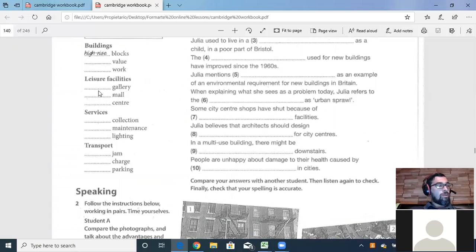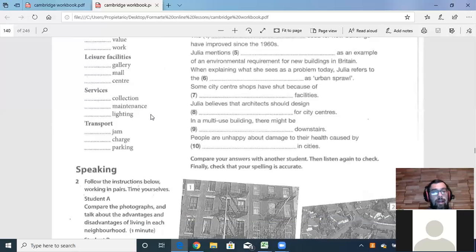Then for this one will be art gallery, shopping mall, and for this center you can put shopping center or community center. So these can have two different words. You can collocate them in two different ways.